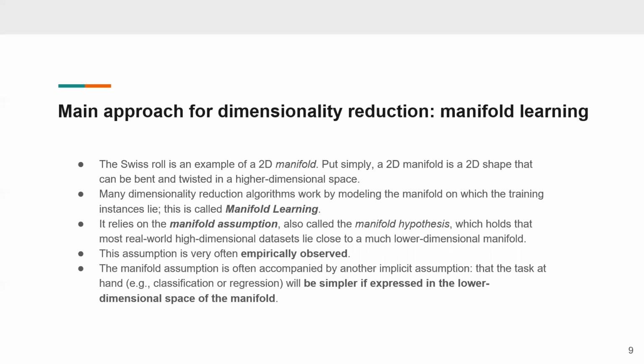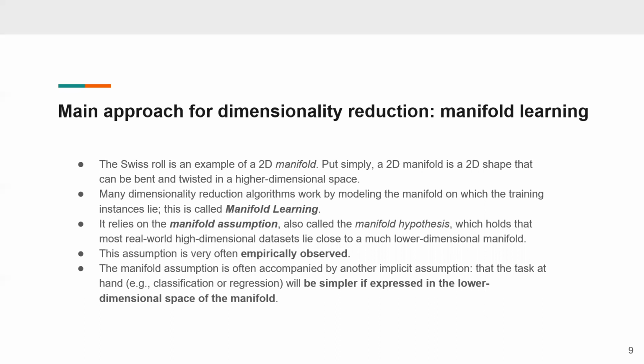Many dimensionality reduction algorithms work by modeling the manifold on which the training instances lie. This is called manifold learning. In other words, you could unroll it so that we can look at it in a 2D space.